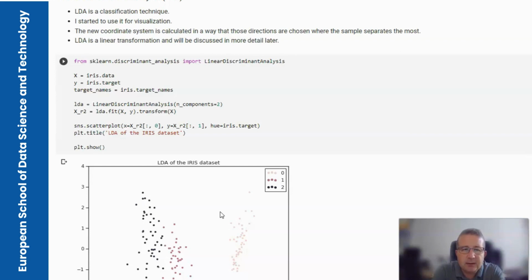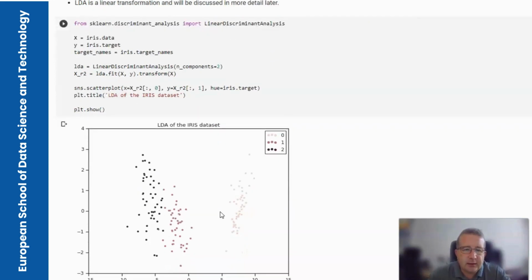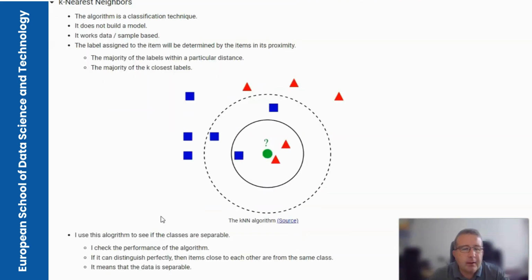So when LDA is working, it finds that dimension where the sample separates the most. This is the optimum of this projection, this target, let's say.